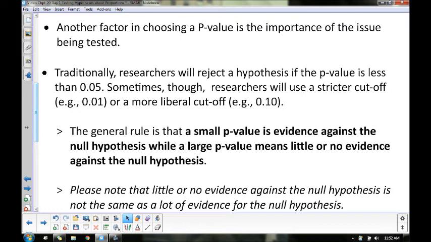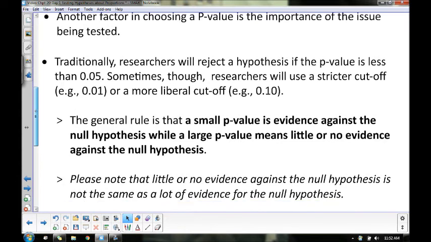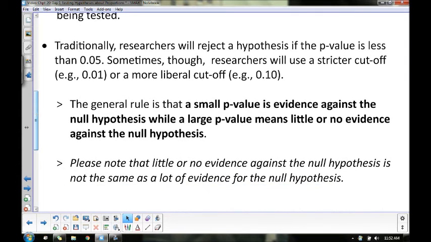But no matter what, a small p-value is evidence against your null. A large p-value means there's not that much evidence against. What you have to understand is that little or no evidence against the null is not the same thing as being a lot of evidence for the null.